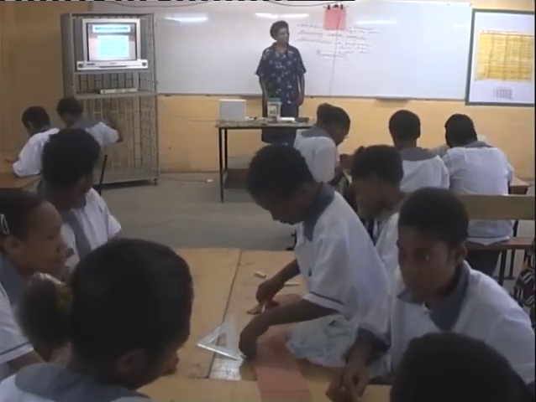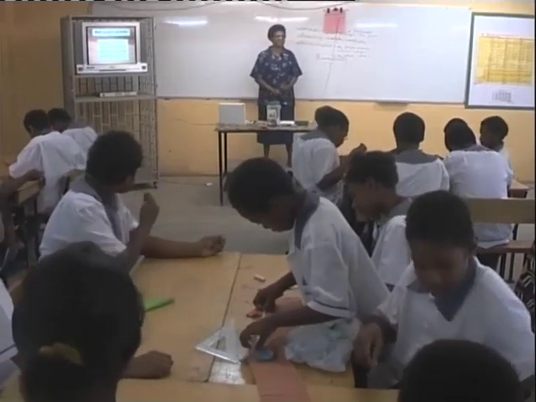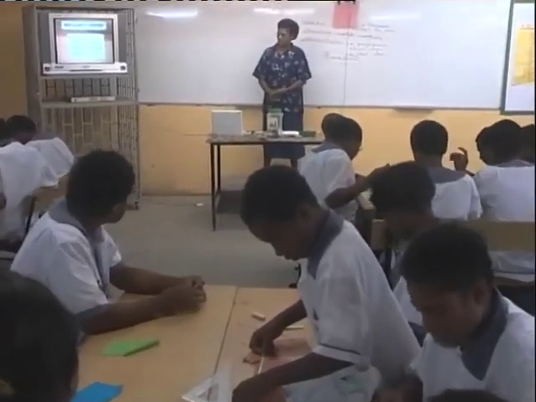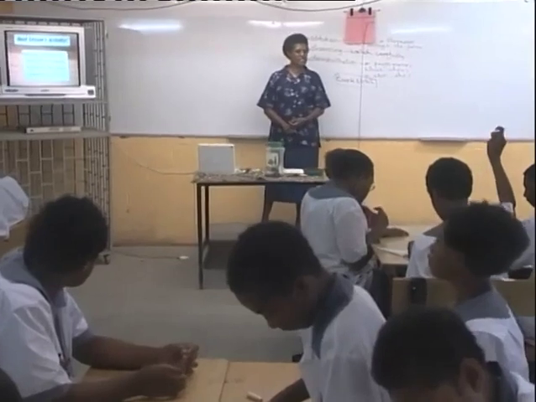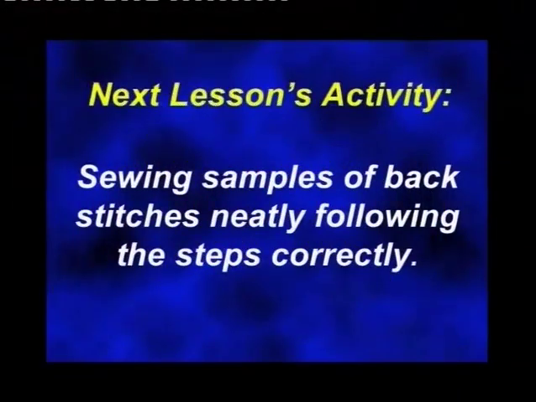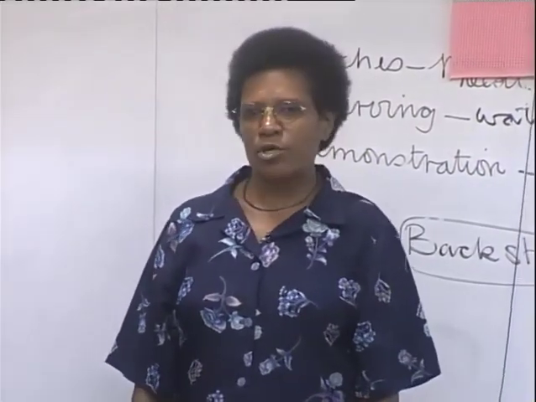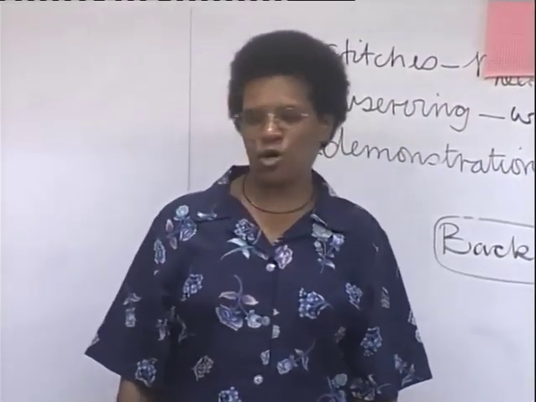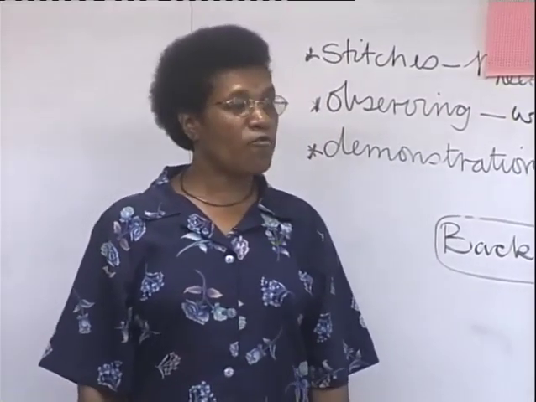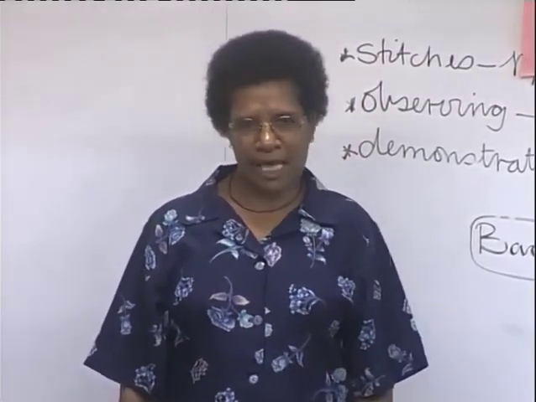Now if we can all have a look at the next lesson's activity. What does our next lesson's activity say? That tells us that we have another lesson on sewing back stitches. And this time you are expected to sew it neatly and follow the correct steps.